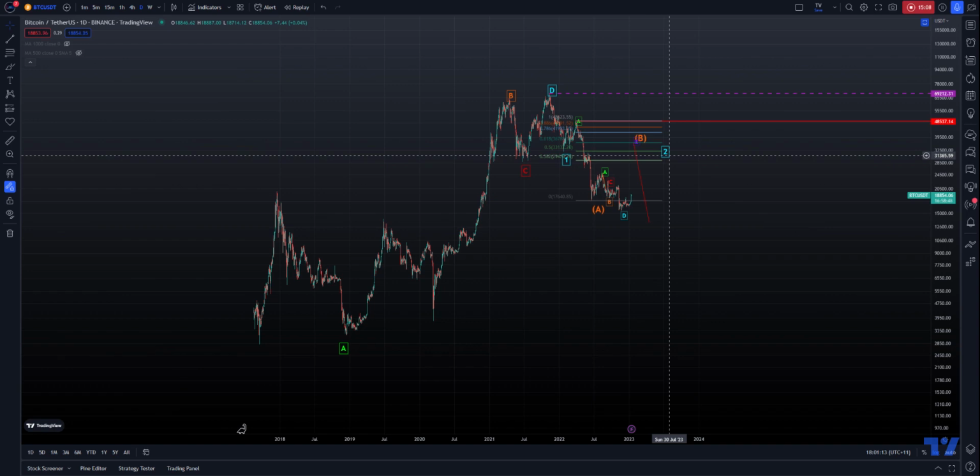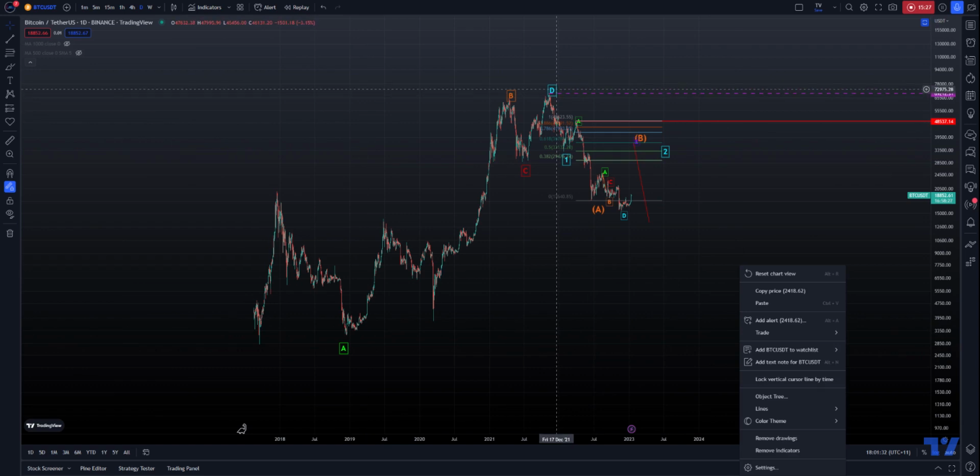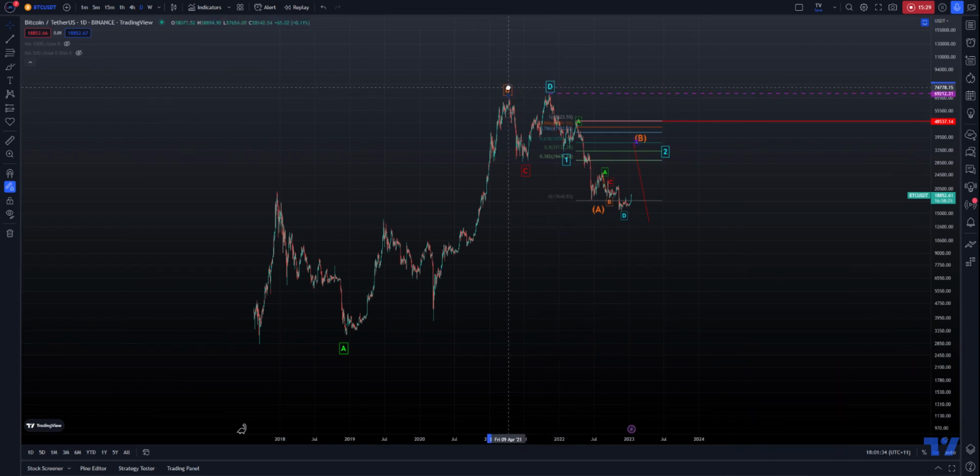So, look, could it go as low as the wave A low? It could. It could go to 3,000, 2,000, 1,000. Nobody knows. You can't know that. Have an opinion, scream at the moon. It's not going to help.